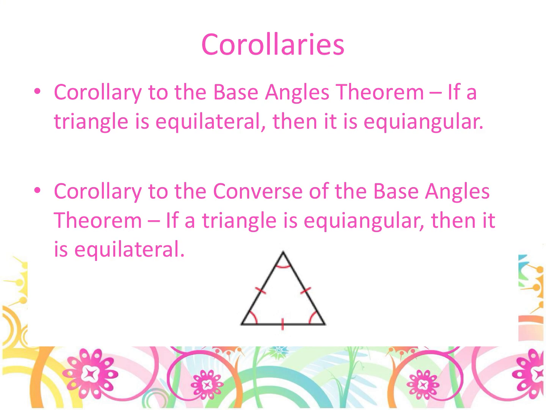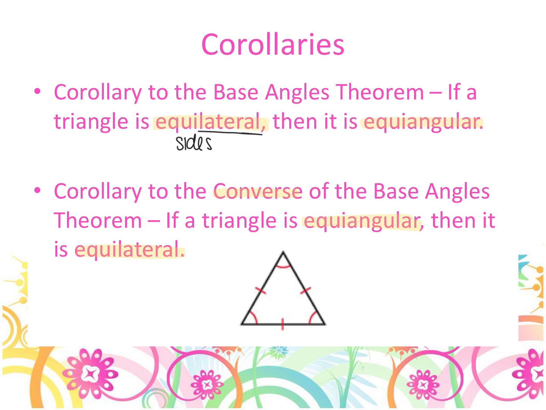All right, corollary to the base angles theorem. This is pretty easy. If a triangle is equilateral, then it is equiangular. Corollary to the converse of the base angles theorem. If a triangle is equiangular, then it is equilateral. Just so we are aware, equilateral has to do with your sides.